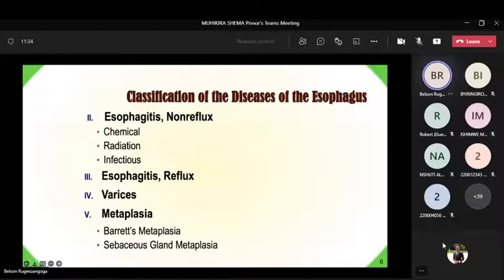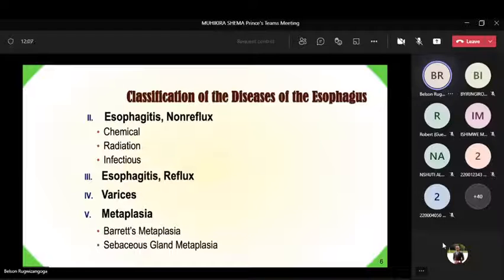Other diseases are metaplasia. So metaplasia, as you learned in general pathology in cell adaptation to injury, should not be a big deal, but in the esophagus, it is a big deal because when the squamous epithelium of the esophagus cannot withstand the acid, the gastric acid, which comes back there through reflux, then the epithelium will change its status.